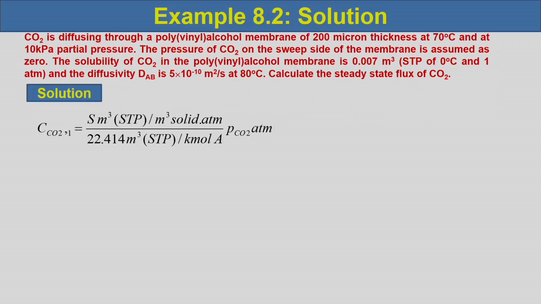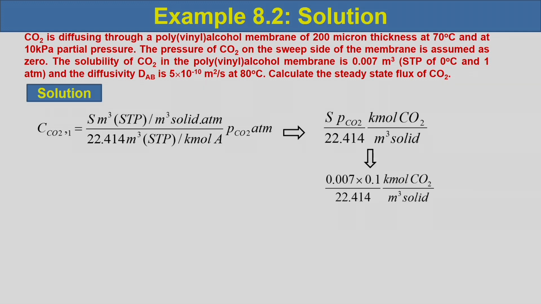So, we can write the concentration of carbon dioxide at side 1 is equal to S meter cube STP by meter cube solid into atmosphere, divided by 22.414 meter cube STP per kilomole A, into the partial pressure of CO2 in atmosphere.